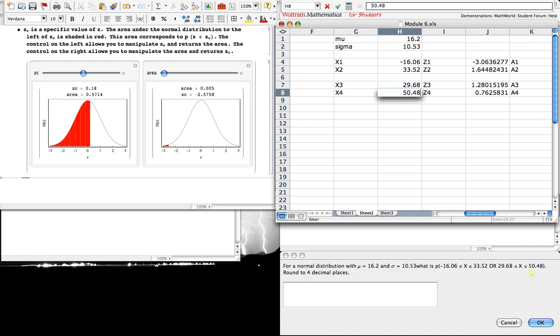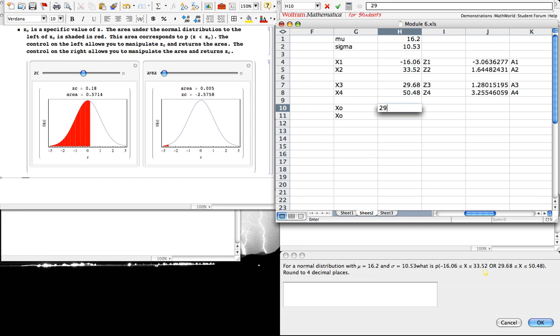50.48. Okay, and I'm just going to find the overlap is between 29.68 all the way to 33.52. Okay, so let's see where those values are. So it's from, I'm just going to call this xo, for overlap.